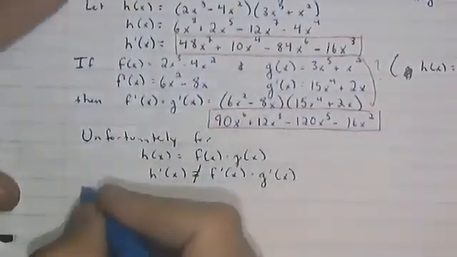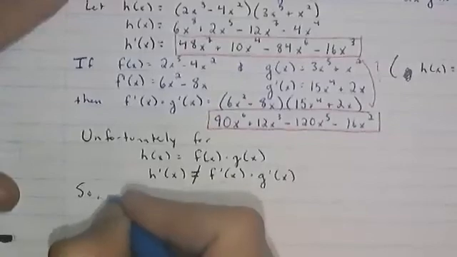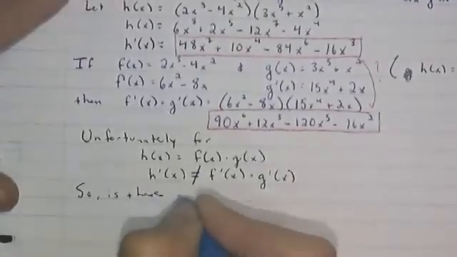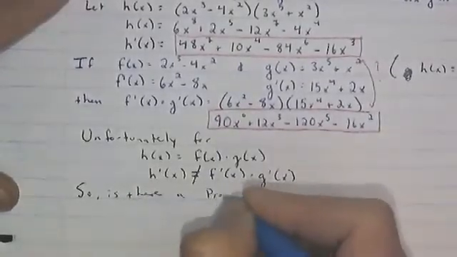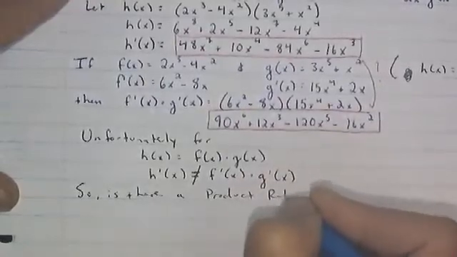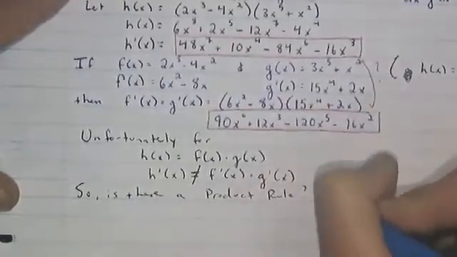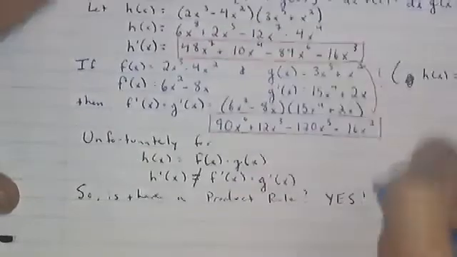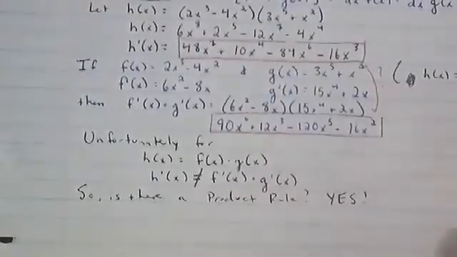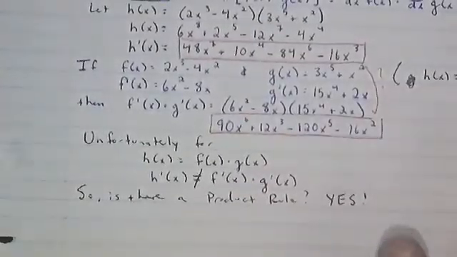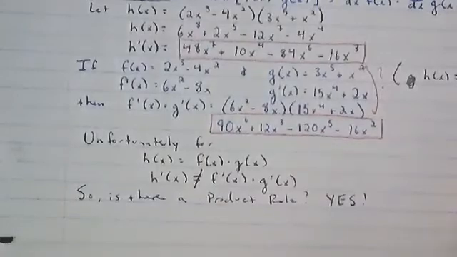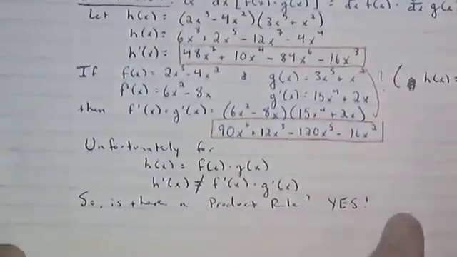So is there one? The answer is yes. Just not quite what we expect. I don't think we're going to prove this. No, we're just going to give it to you and show you that it works.